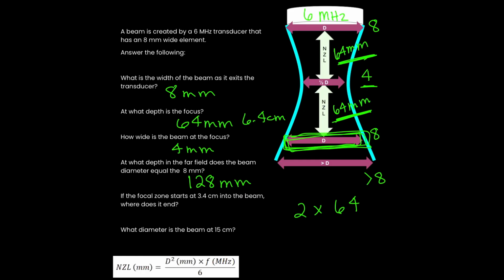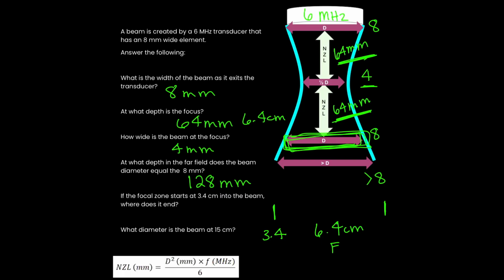Next question down says, if the focal zone starts at 3.4 centimeters into the beam, where does it end? So again, we know that the focus is at 6.4 centimeters into the body, or 64 millimeters. This is our focus. We were told that the focal zone started at 3.4, and we know it should be equal into the far zone.